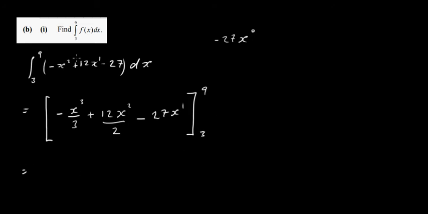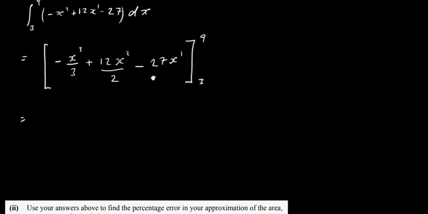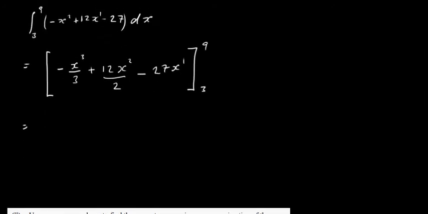Okay, so now we've just got to do the substitution. We've got to substitute in the 9 and the 3 and subtract them. So we substitute in the 9 first. So what we've got is minus, we've got 9 here on the top, and we've got to cube that and then divide by 3. Actually this becomes 6 here, so I'm just going to call that 6. 12 divided by 2 is 6. I'm going to substitute in the 9, square that, and then we've got minus 27, and we put the 9 in there as well.